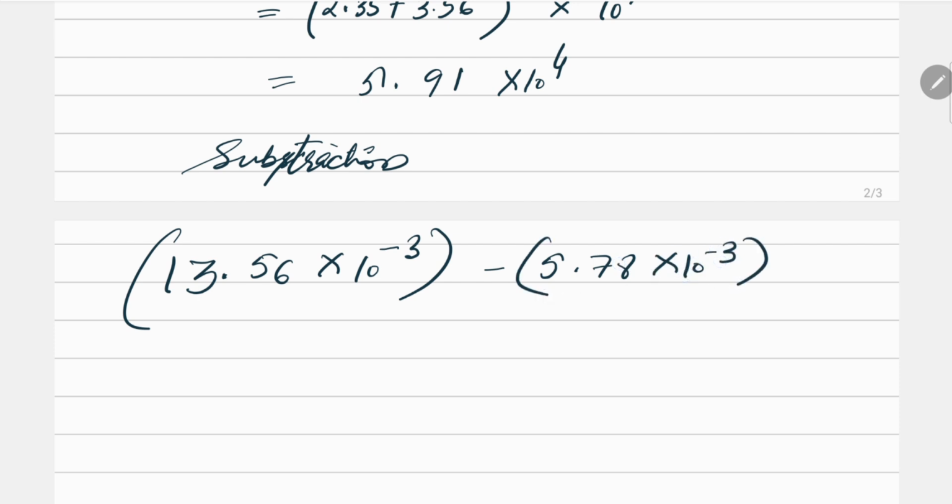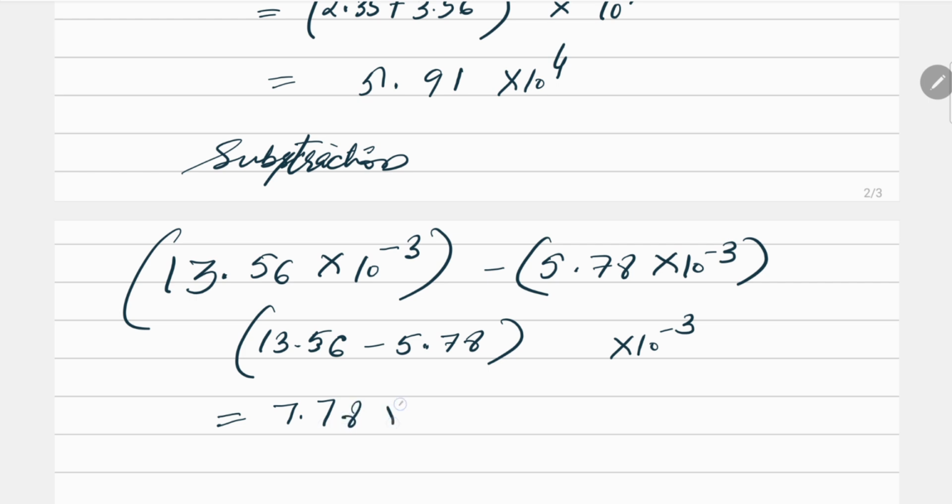We are talking about when exponents are the same. So 10 to the power negative 3 is taken common, and the numeral part is subtracted as we have done earlier. The answer becomes 7.78 into 10 to the power negative 3.